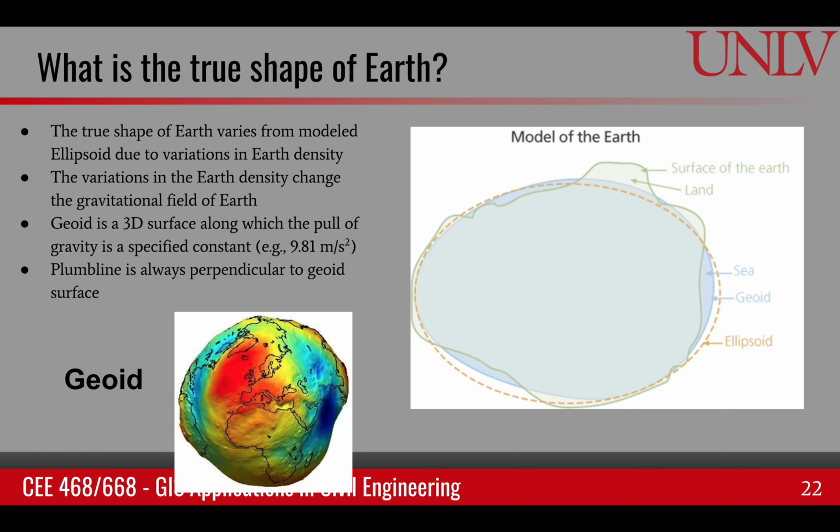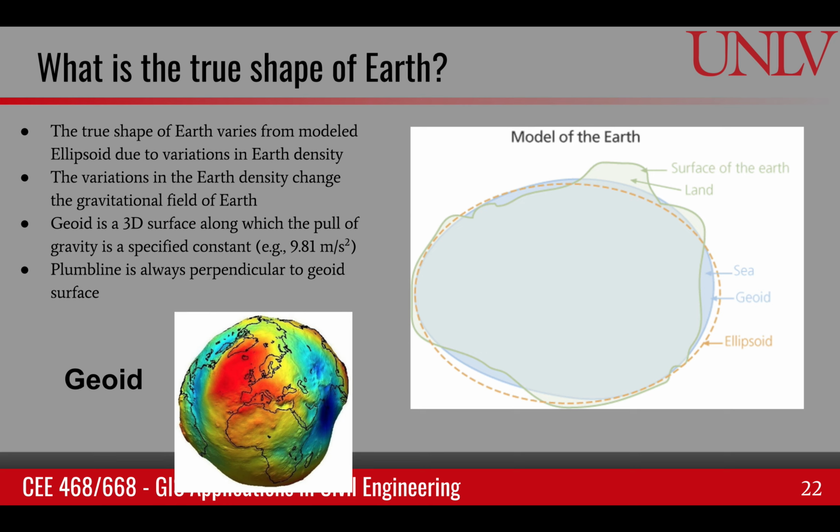Now, a geoid is basically the mapping of the gravitational field of the Earth. If we look at the density of the Earth, we know that it's not the same everywhere. The density of the matter inside the Earth changes from place to place, which means at some parts the Earth is dense, whereas in other parts it may not be that dense.